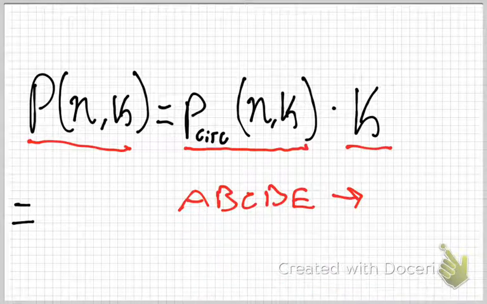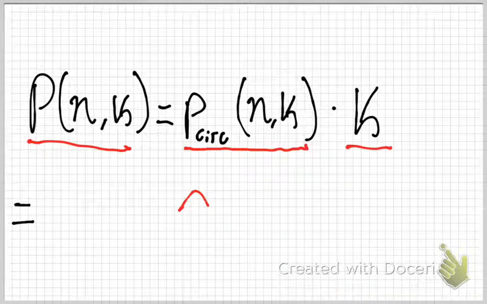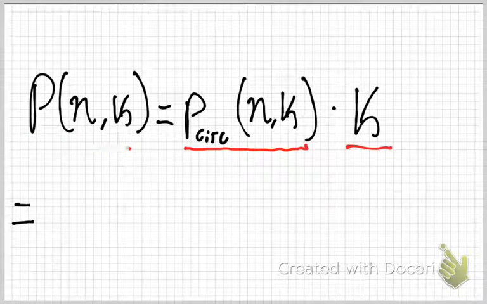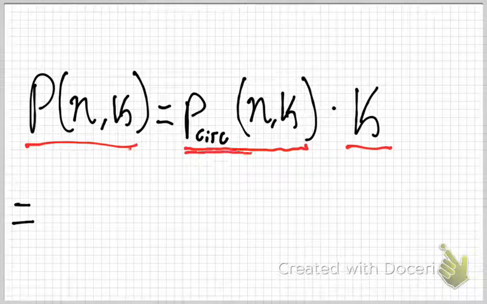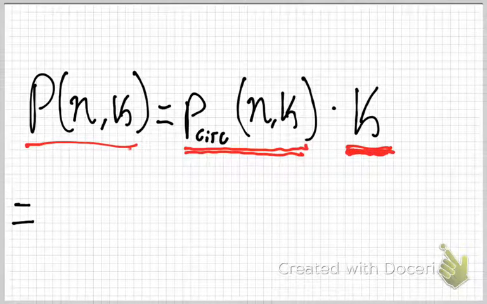But here, let me erase that. Okay. All right. So in general, the number of regular permutations is going to be equal to the number of circular permutations times K. All right. Now we started this with the intention of finding out what P circ was.